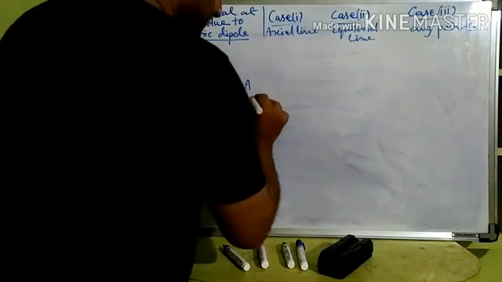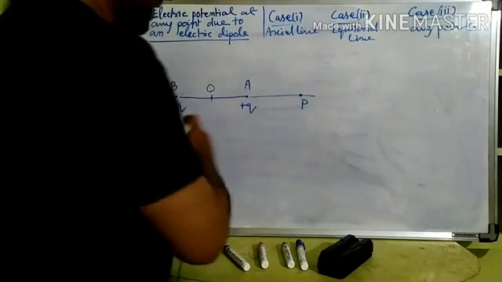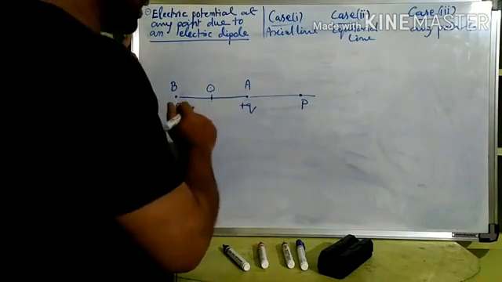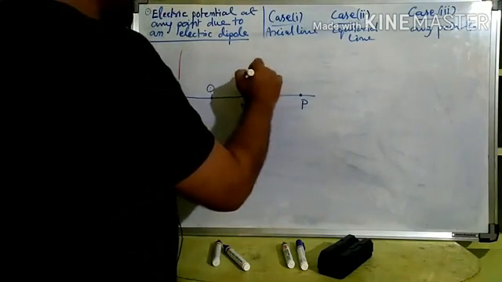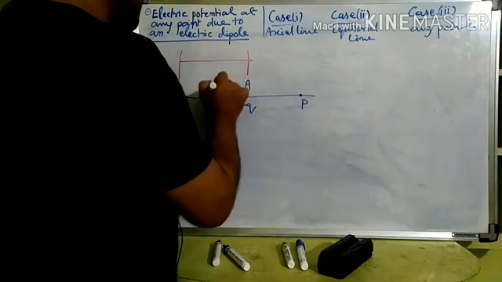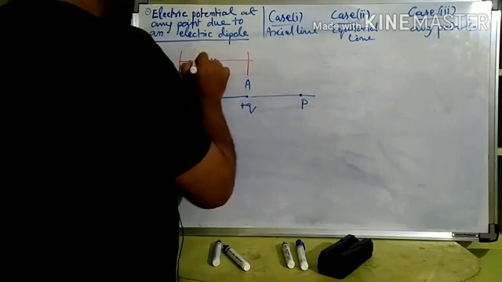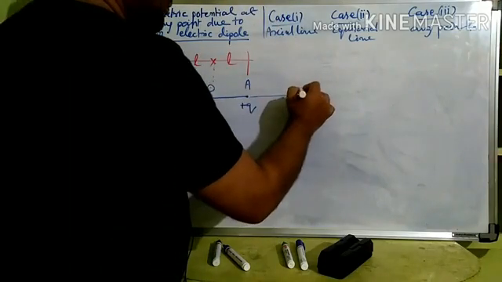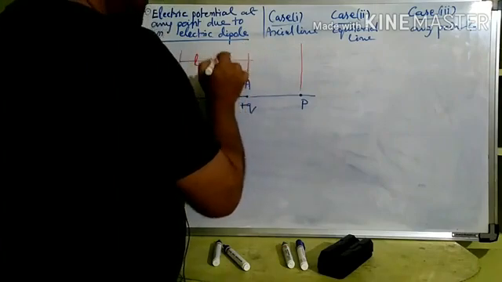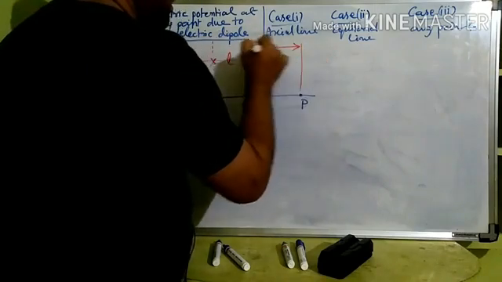We take any point P on the axial line, that is, on the line joining A and B. The length of the dipole we always take as 2L, for the sake of ease. This part is L, this part also is L. The distance of the point P from the center of the dipole is R.